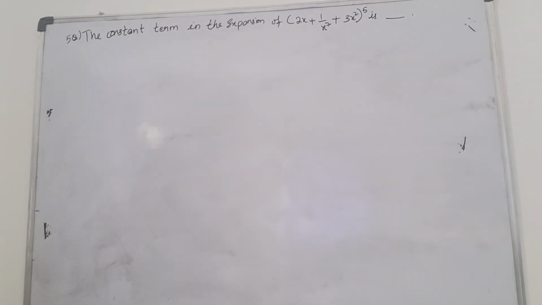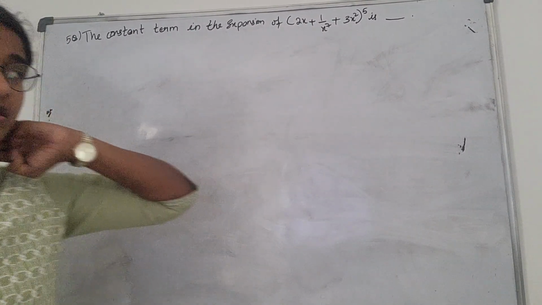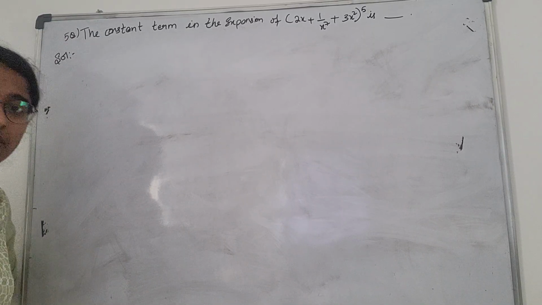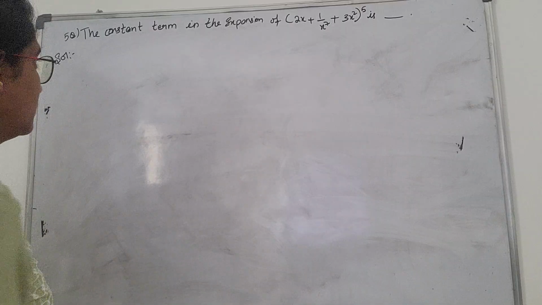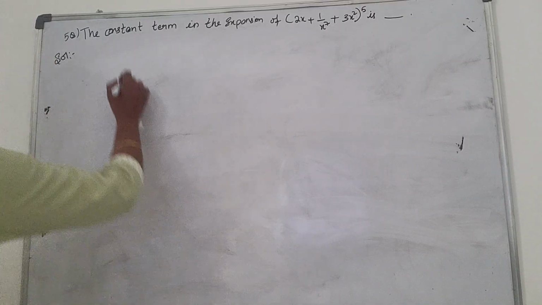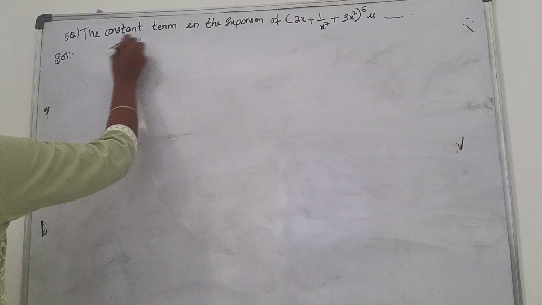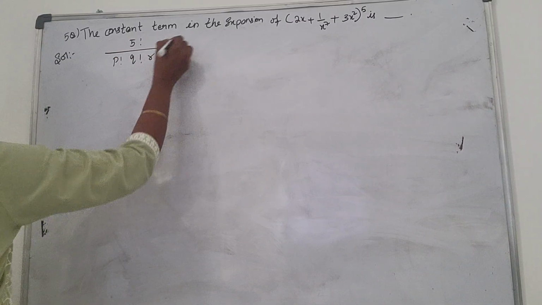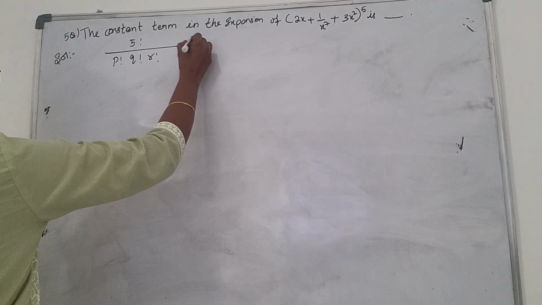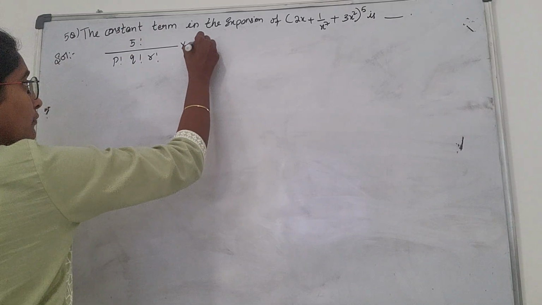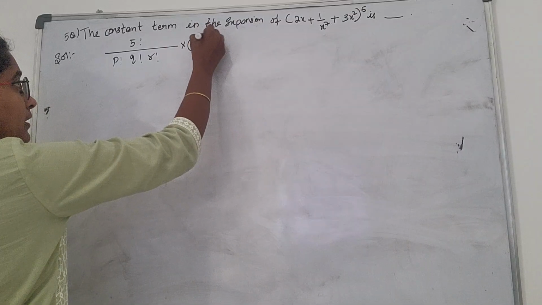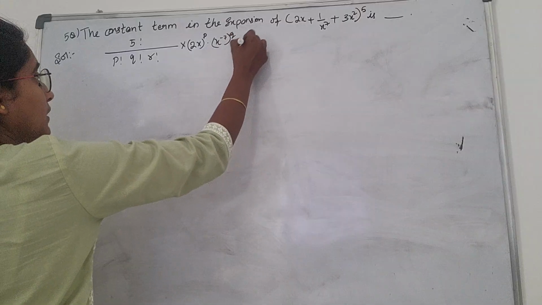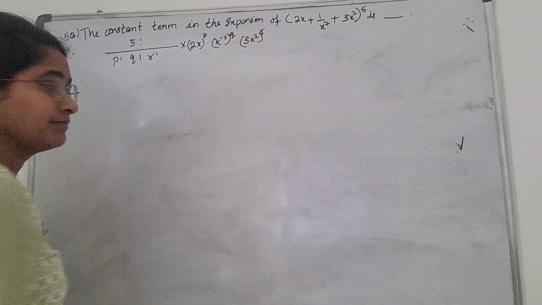Here is the question. The constant term in the expansion of this. So first of all, constant term they are asking us, we'll write a particular term in standard form. So n factorial, n is what here? 5 factorial by p factorial, q factorial, r factorial into (2x) power of p into (x power of minus 7) of q, (3x square) whole power of r.